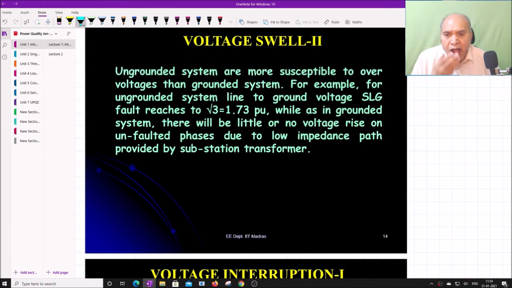So in an ungrounded system, the other phase voltages may reach 1.73 per unit if one phase takes a fault to the ground.